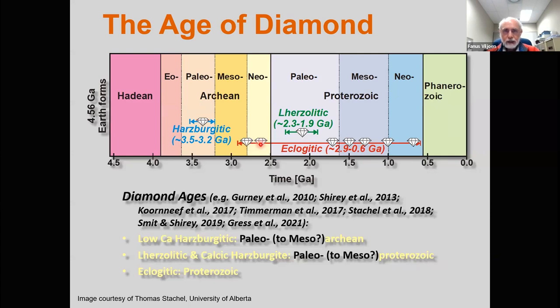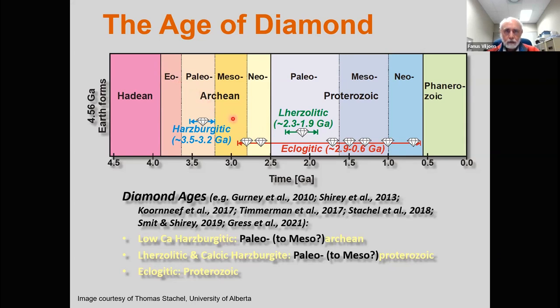And so the assumption is that eclogitic diamonds start forming in the late Archean and particularly form in the Proterozoic, probably because Archean processes started to cool down around about here. Over here in the early Archean and particularly in the Hadean, the Earth was still very hot.